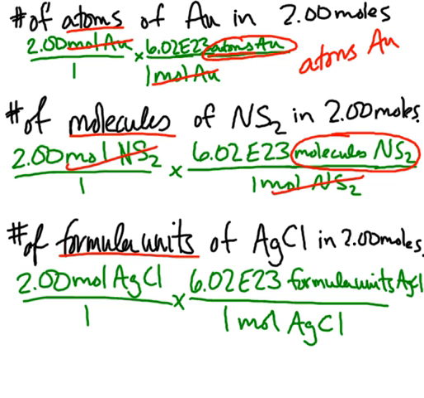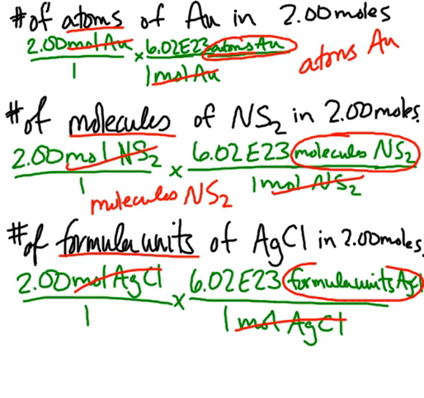So my final answer will be in molecules of nitrogen disulfide. Last one, number of formula units. It's the same problem again, but my moles cancel out, and I have formula units of silver chloride. So my final answer would be formula units of silver chloride.